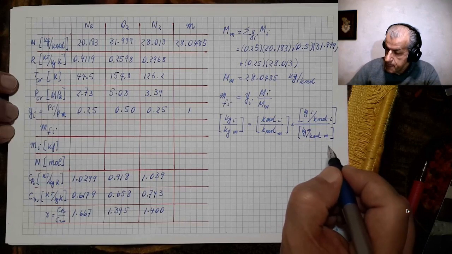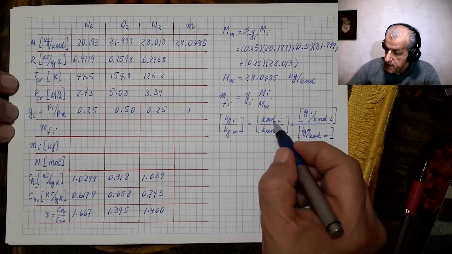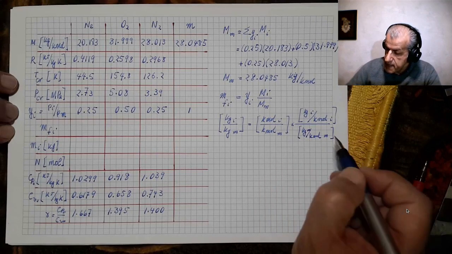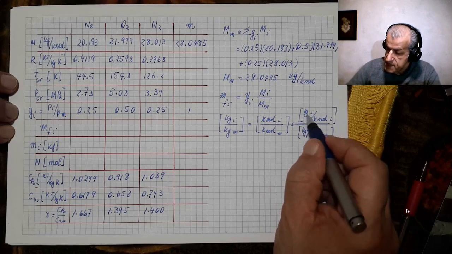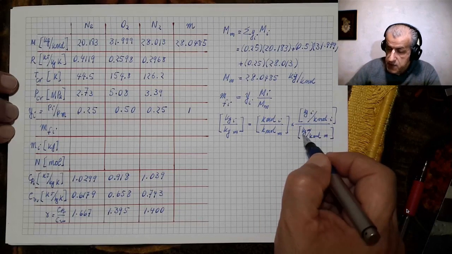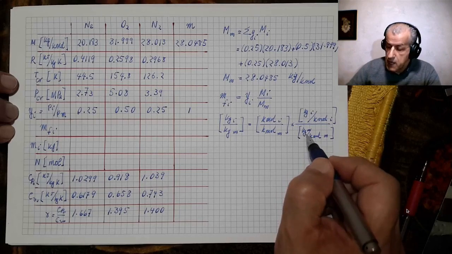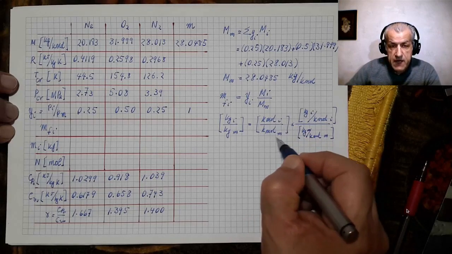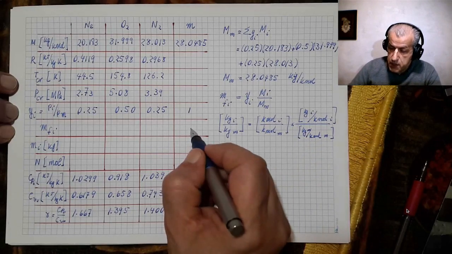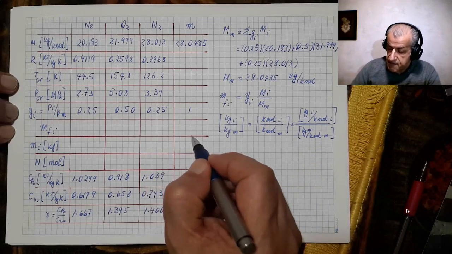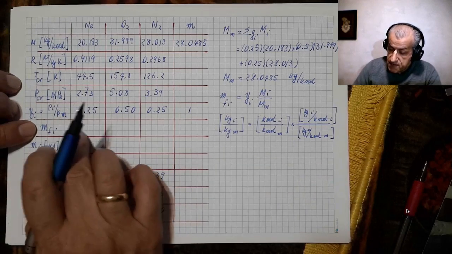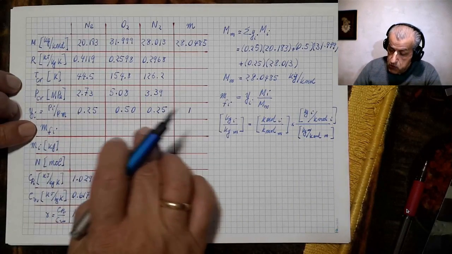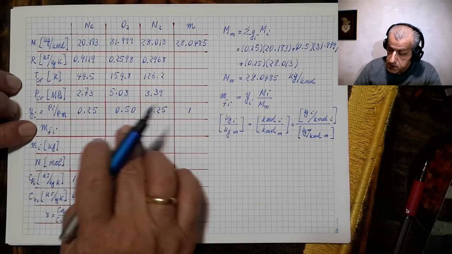You see, these kilomole of i and kilomole of M cancel with these two, and all we are left with is kilogram of i by kilogram of M. And therefore, a molar fraction changes to a mass fraction. So we can just fill in this row, which is important to us.